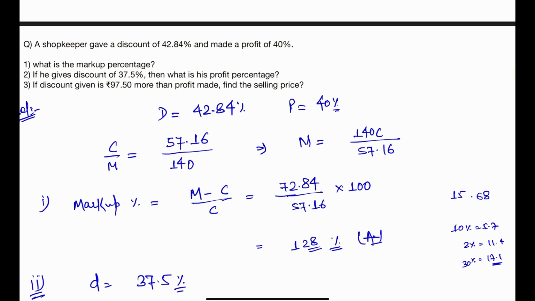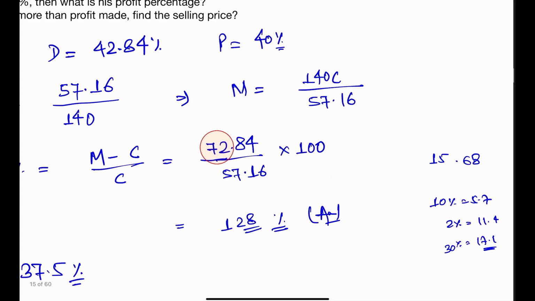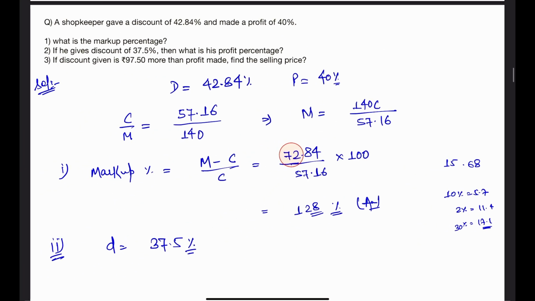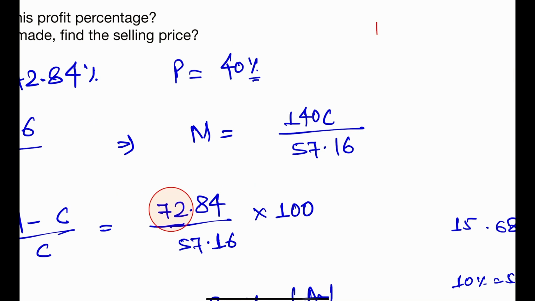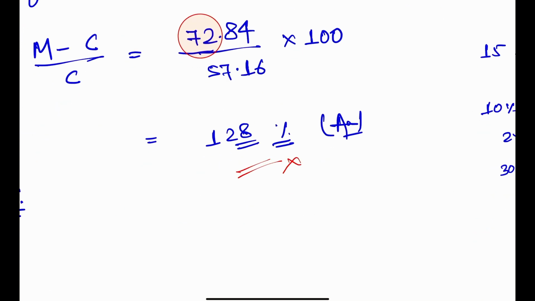I made one blunder again here. Market price minus this one will be 140C upon 57.16 minus C. So it becomes 82.84 divided by 57.16 C. I wrote 72 here. So that was the first mistake.